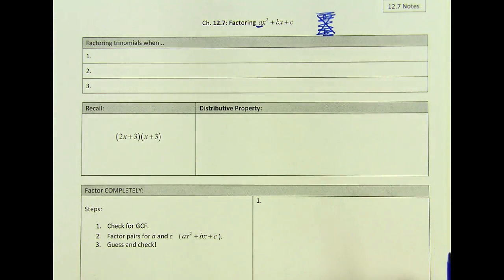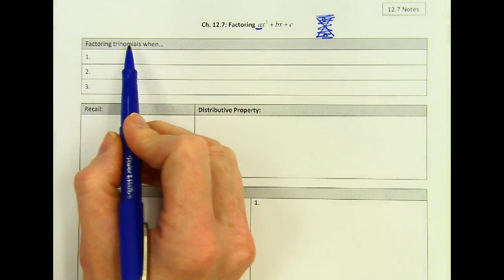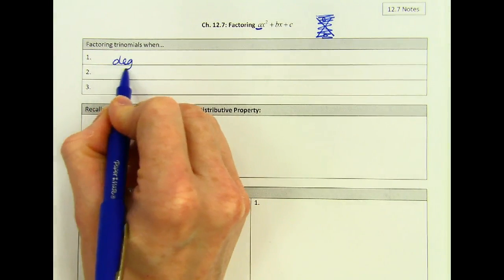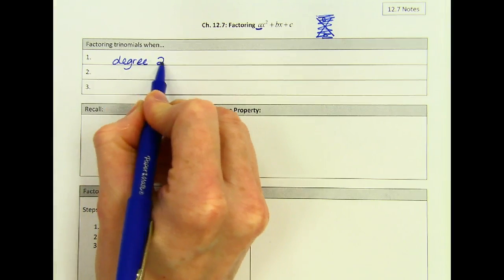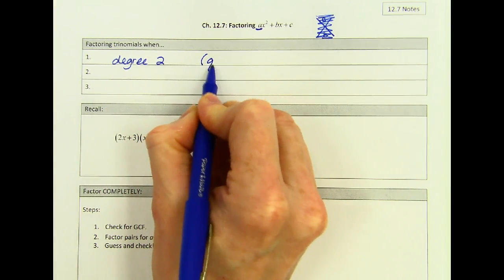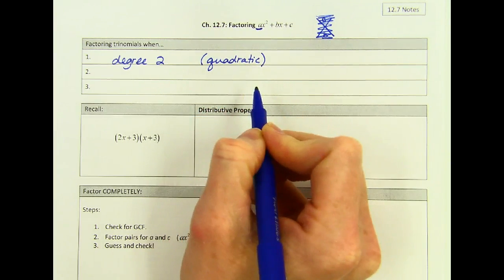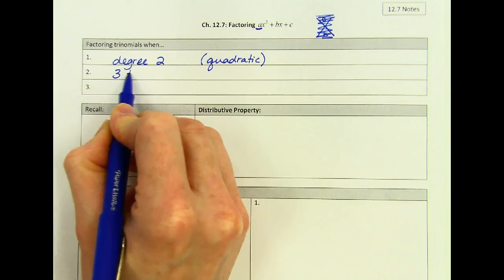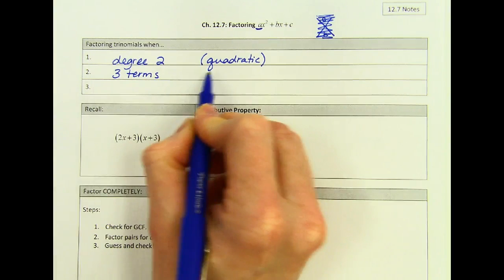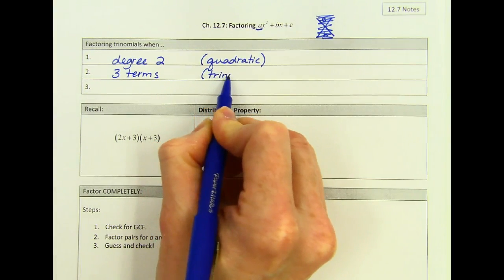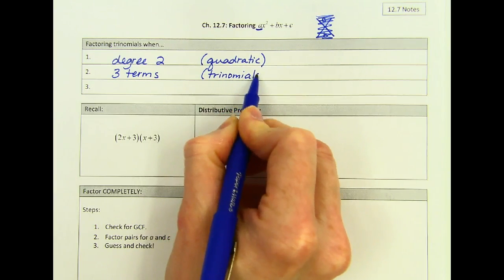So what exactly are we doing today? We are still factoring trinomials. So they will still have a degree 2. Remember from the previous lesson, that means that it is a quadratic equation. We will still only be looking at 3 terms, which means we are still looking at trinomials.